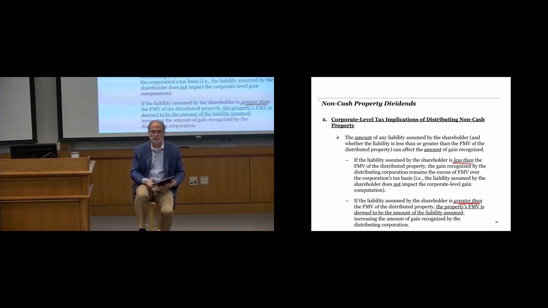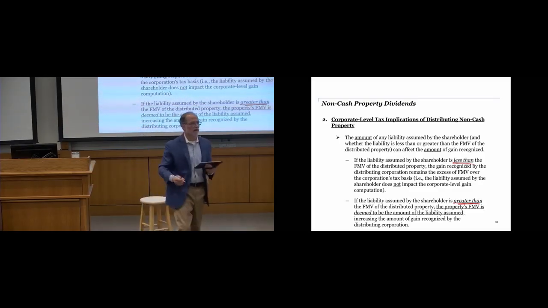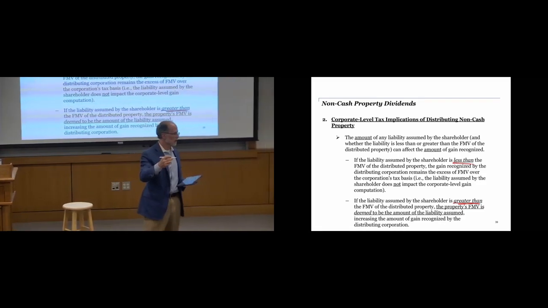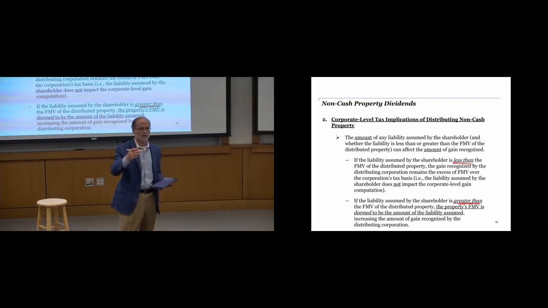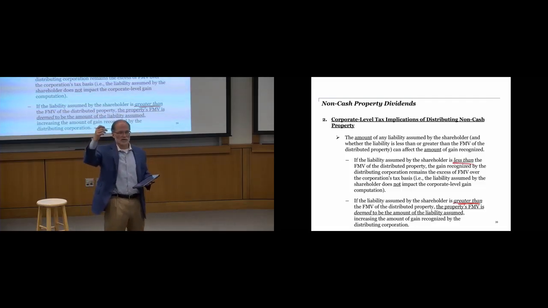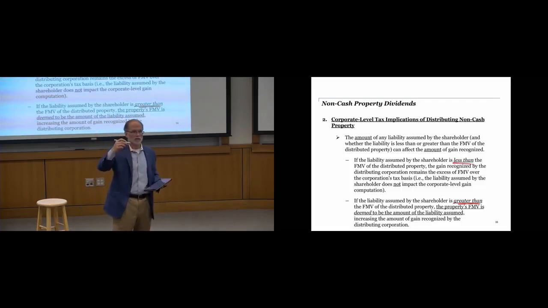So if I had borrowed money associated with the asset, and the asset has declined in value, where I owe more than the asset is worth, and I distribute that to a shareholder, and the shareholder agrees to accept that, then the value distributed is deemed to be equal to the principal amount of the debt.